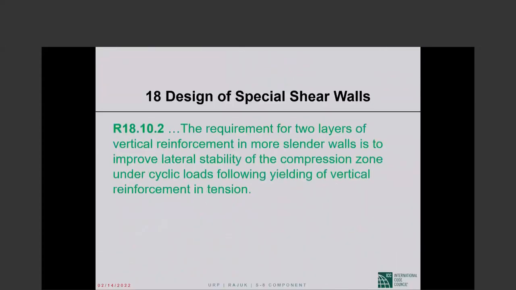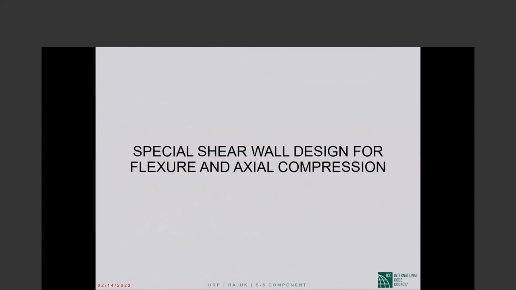The requirement for two layers of vertical reinforcement in more slender walls is to improve lateral stability of the compression zone under cyclic loads following yielding of vertical reinforcement in tension. Okay, so I think that's a pretty clear explanation.